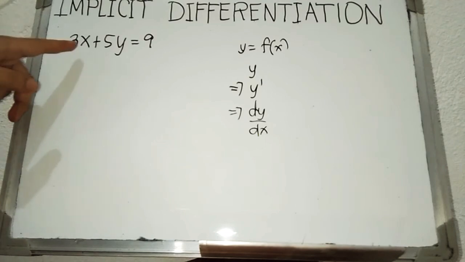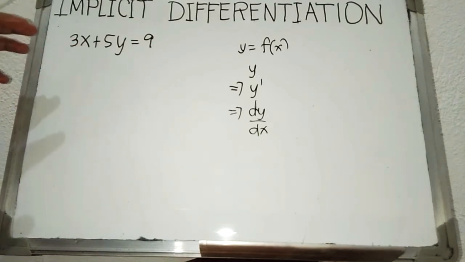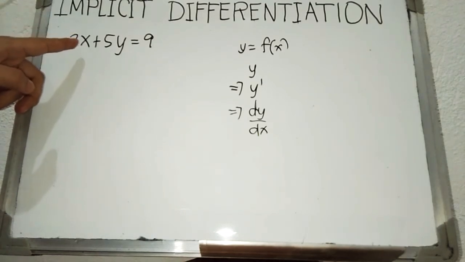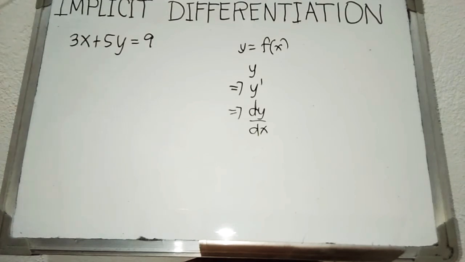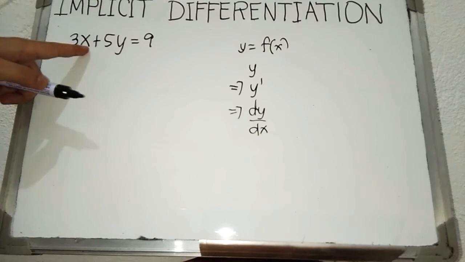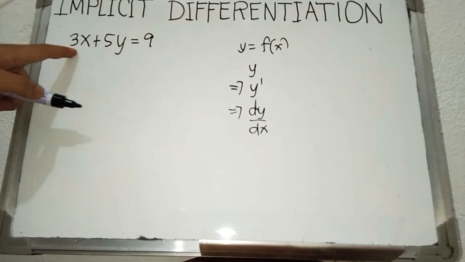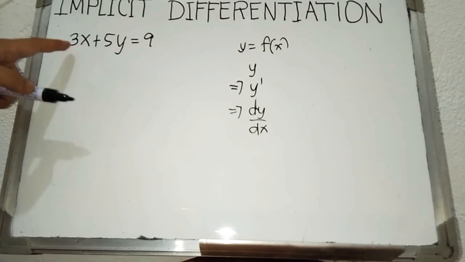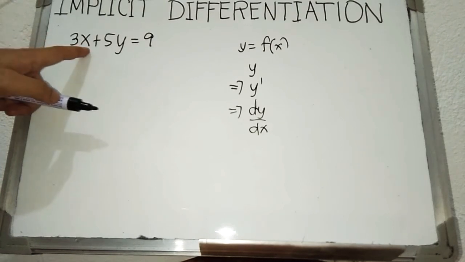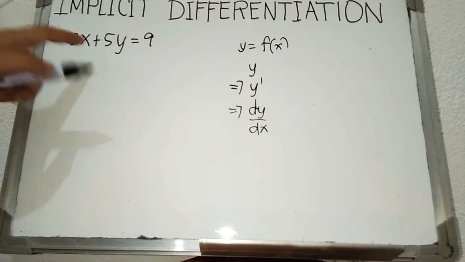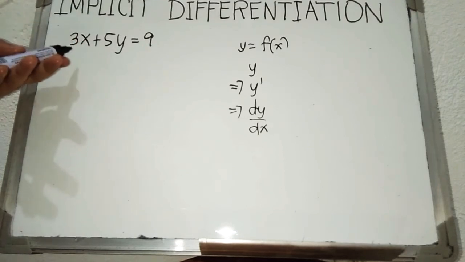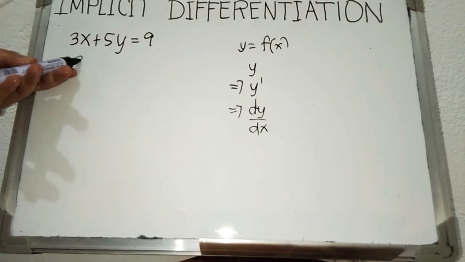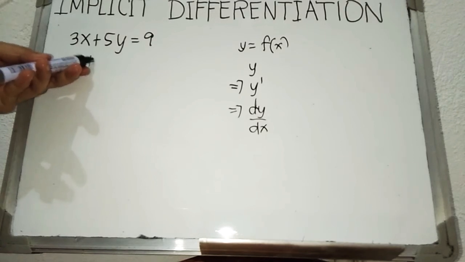Now from this implicit function, we are going to directly apply the derivative. Now, the derivative of 3x, this first term, is actually using constant times a function. And since we are differentiating with respect to x, the derivative of 3x will be 3 plus.